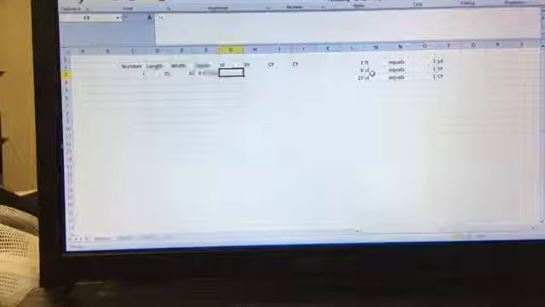Now, one thing to remember, a lot of people do the depth in inches. Well, an inch is 1/12 of a foot. So if you want a 4-inch pad, divide that by 12 and you get 0.333 repeating feet.